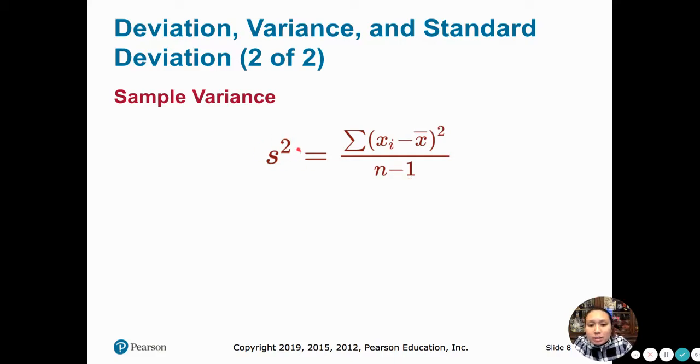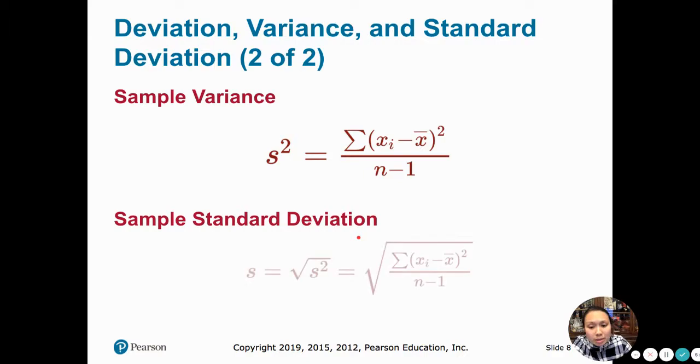But again, variance is going to be equal to all of your data entries subtracted from the mean, and you're going to square every single one of those, and then add them all up, and then divide by n minus 1, and that is your sample variance. Once you have your sample variance, finding your sample standard deviation is literally just one more step.